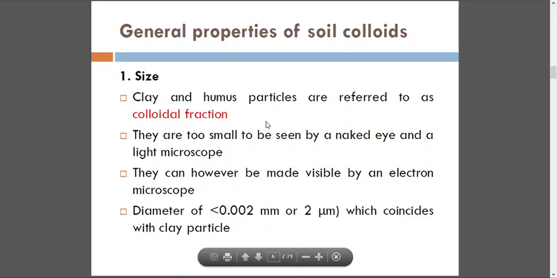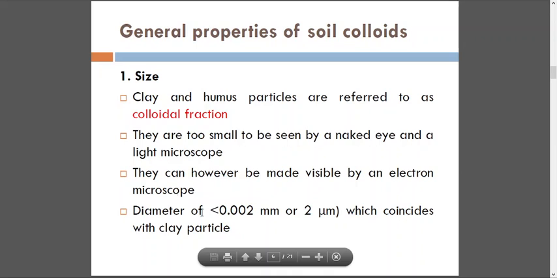Now I want us to look at the general properties of soil colloids. We will start with the size. Like we have seen in the introduction, soil colloids are very small, with a diameter of less than 0.002 millimeters or 2 micrometers, which coincides with the size of a typical clay particle.